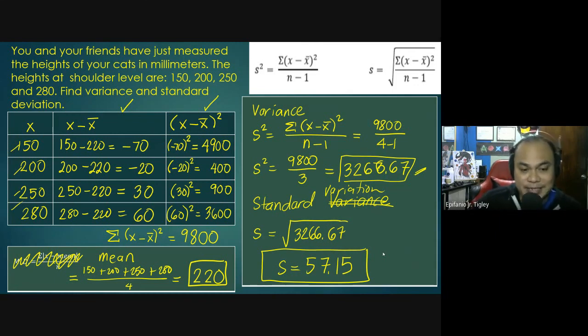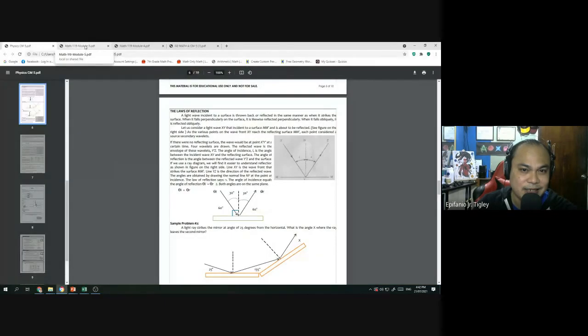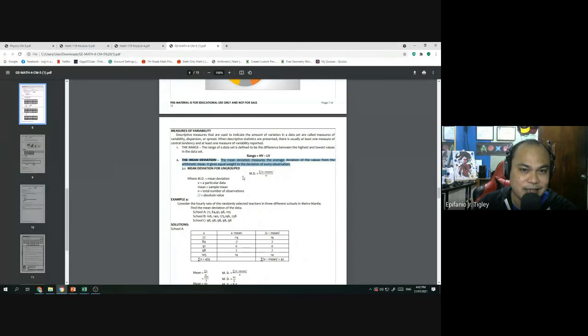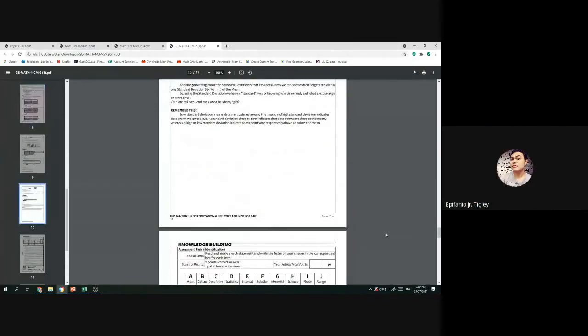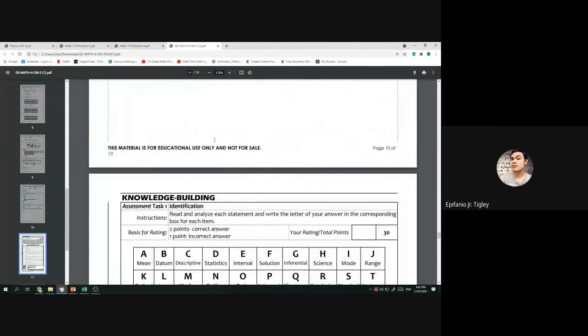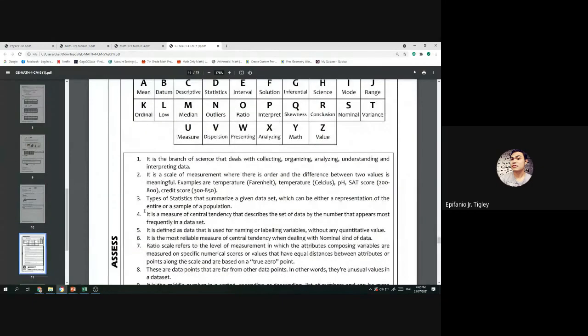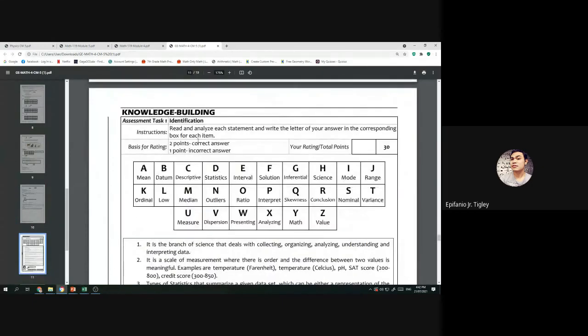I will be presenting your module so you'll know what to do with it. I'm presenting CM number 5 for GMAT. In our knowledge building part, you will only be writing the letters, and these are the options. Identification, that's very simple.